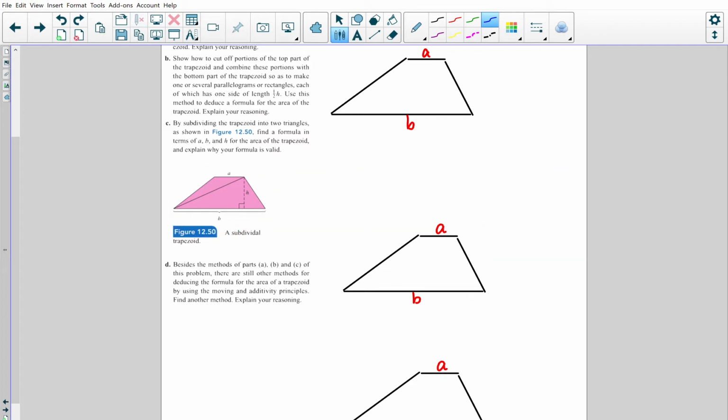Last question says, do you know of any other methods of deducing the formula for the area of a trapezoid by using moving and additivity principles? Well, I think if we take a look at this trapezoid, we can see another way to cut and move.